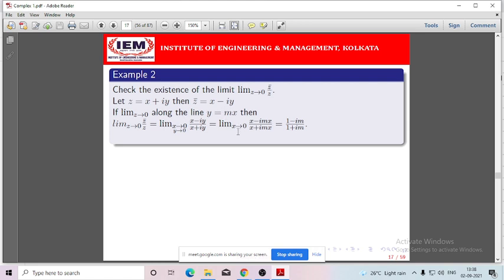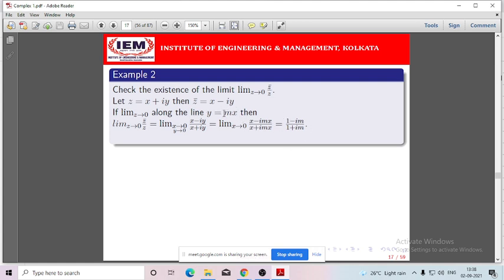So this will be the limit as x tends to 0 of (x minus imx) by (x plus imx). We can take x common from the numerator and denominator, and since x tends to 0 but x is not equal to 0, we can eliminate x from the numerator and denominator, and this value will be (1 minus im) by (1 plus im). Now if you take the path y equals x, that means m equals 1, you will get one limiting value.